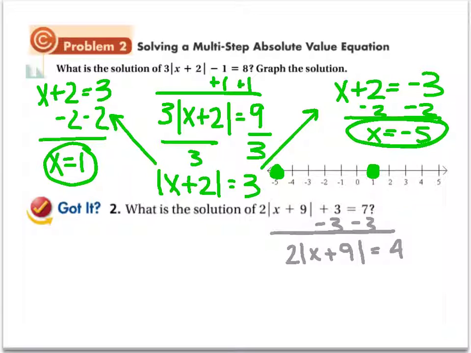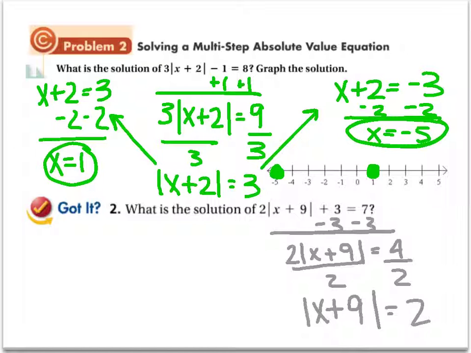And then, Rachel? Good. The absolute value of x plus 9 equals 2. Once the absolute value is by itself, that's when you want to split it into two equations. x plus 9 equals 2. And what's the other equation?